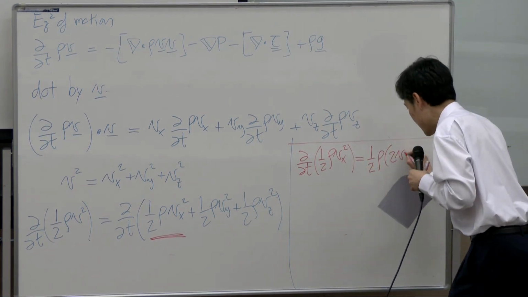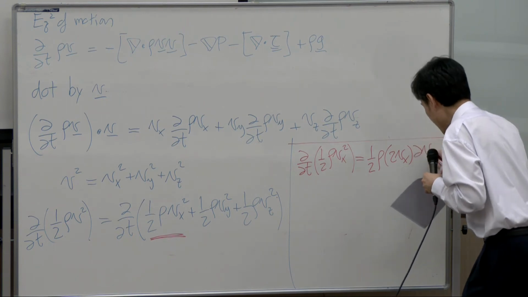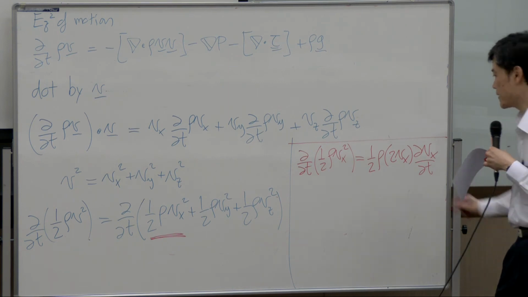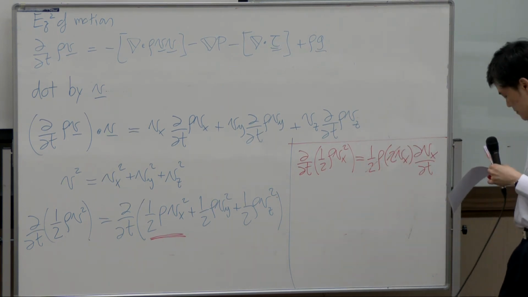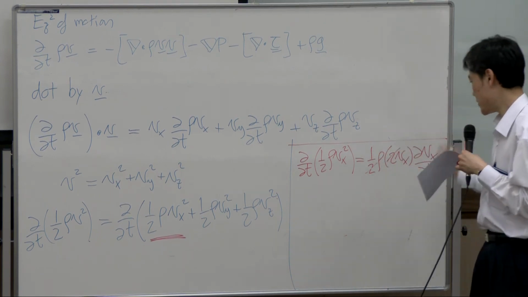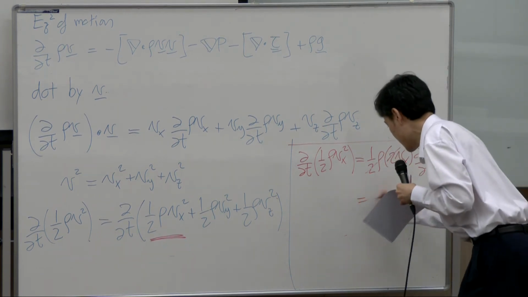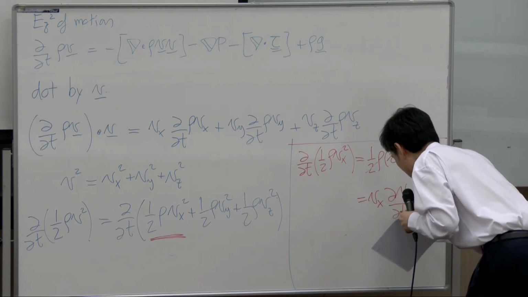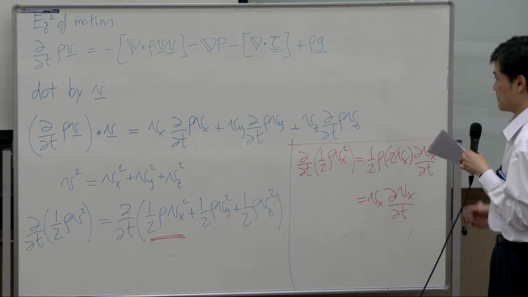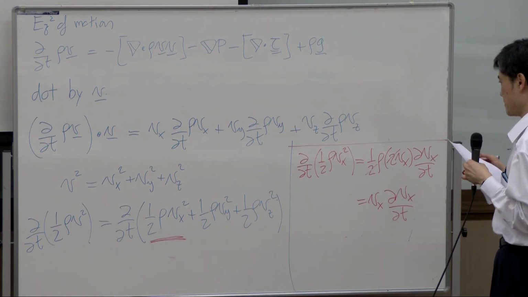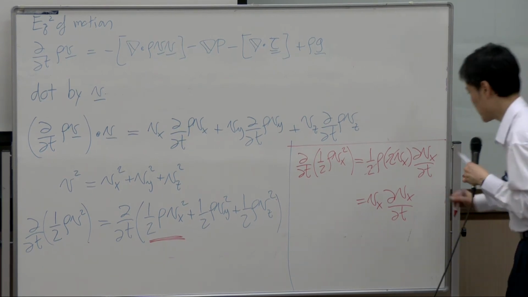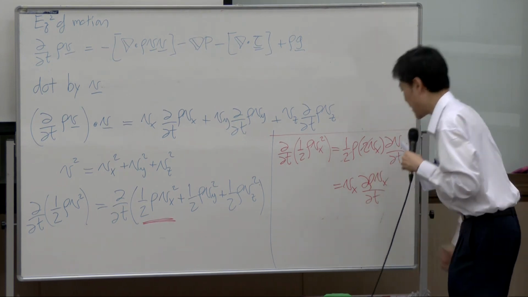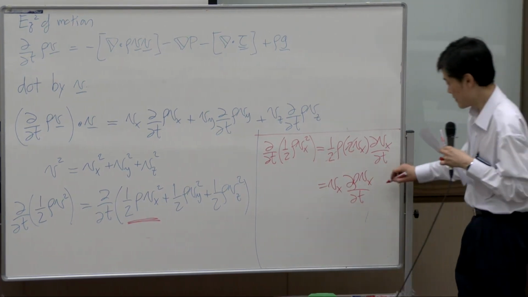You get 2vx dvx by dt. All right? These two and these two cancel out. And then I can move rho back into the differentiation again if rho is constant. So I end up with rho vx dvx by dt.